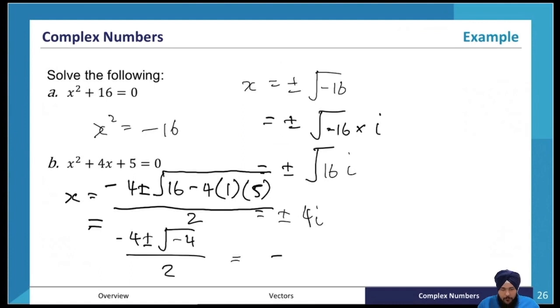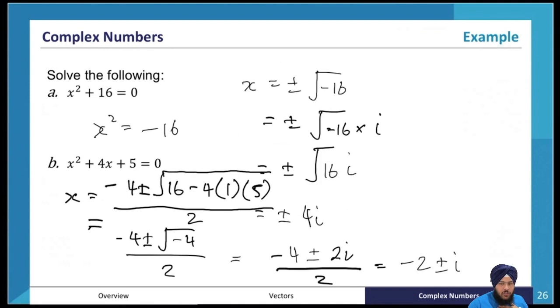So we have root negative 4 in the brackets. That's just going to be negative 4 plus or minus root negative 4, over 2. Using i, that will become plus or minus 2i over 2. And further simplifying, it will just be negative 2 plus or minus i. So those are our two answers for this question.